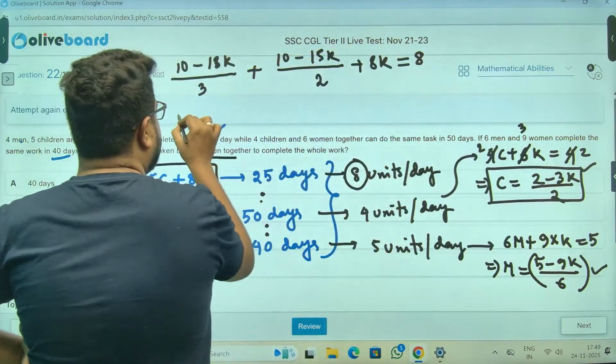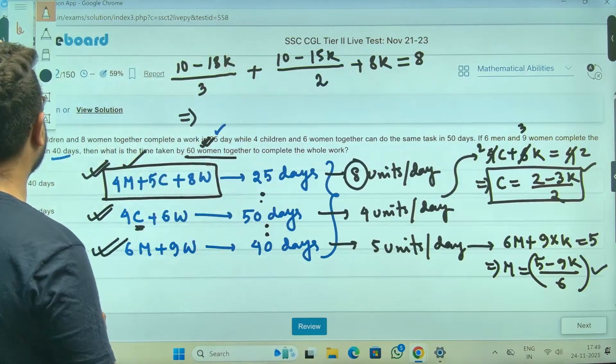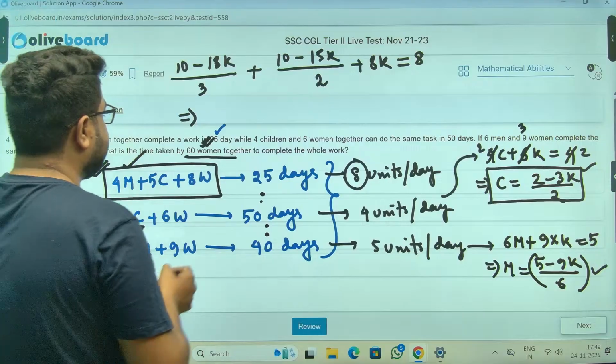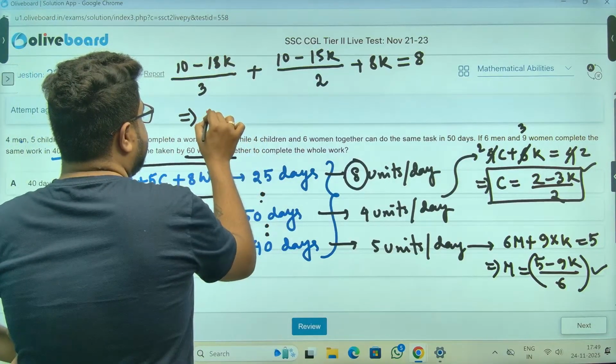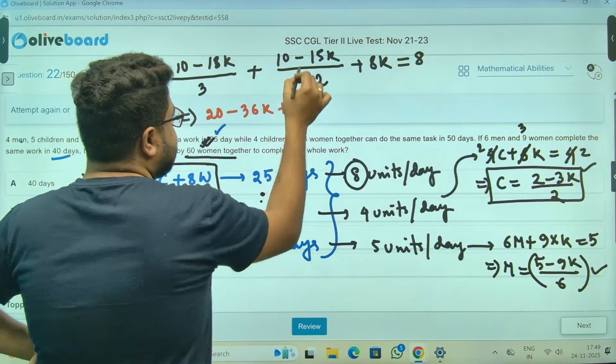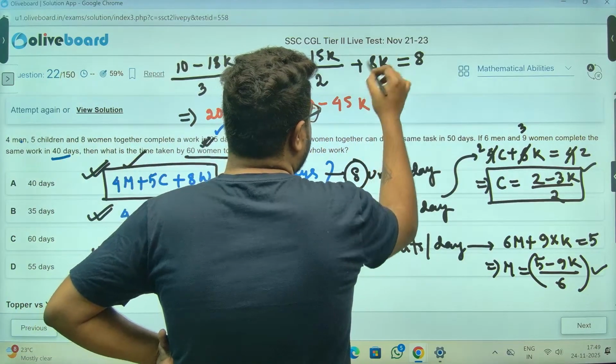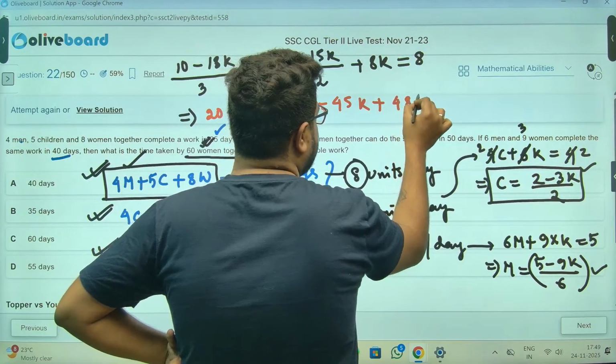So figure out the value of K from here. Let's multiply it by 6. So it will be 20 minus 36K, plus 30 minus 45K, plus 6 8s are 48K.